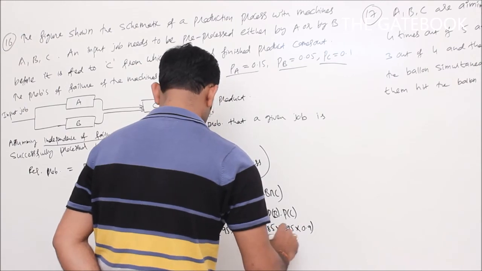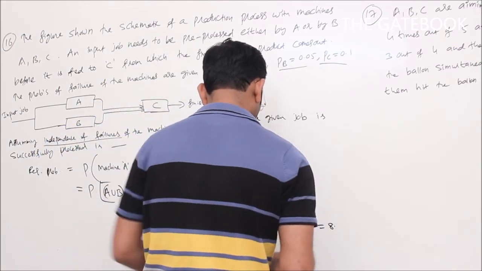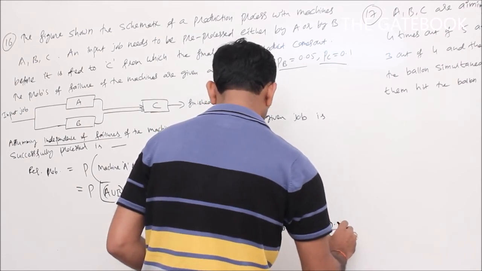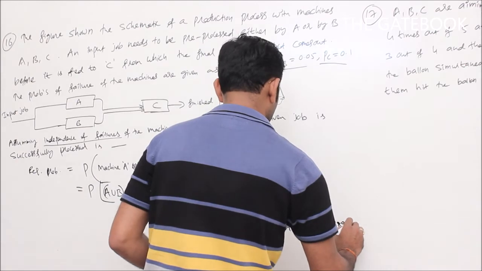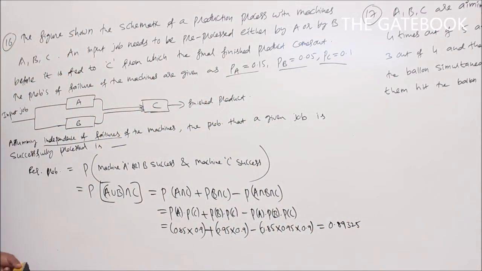Simplifying this, finally it will give 0.89325. So this is the required probability.